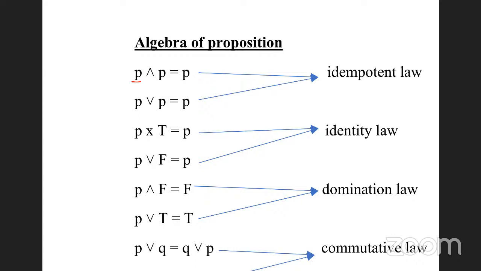P and P is P. What does that say? Remember, P is a proposition, right? P could be true or P could be false. Correct? So if we have true and true, then the answer is true.